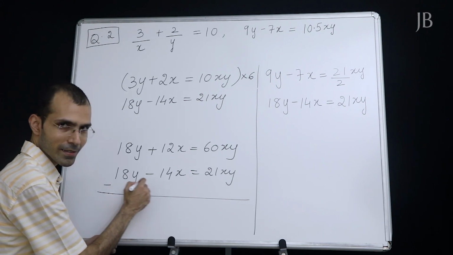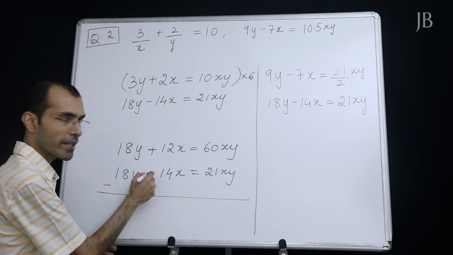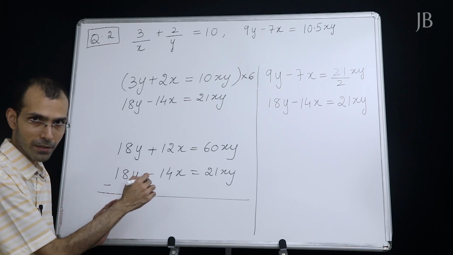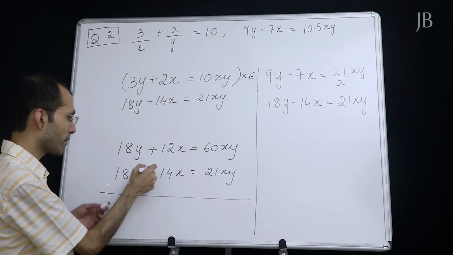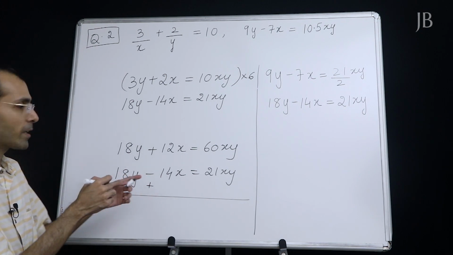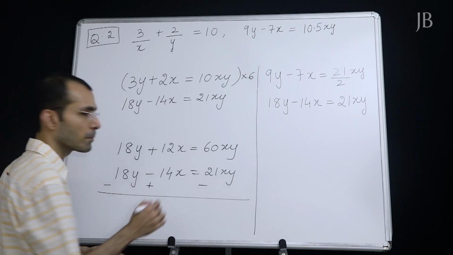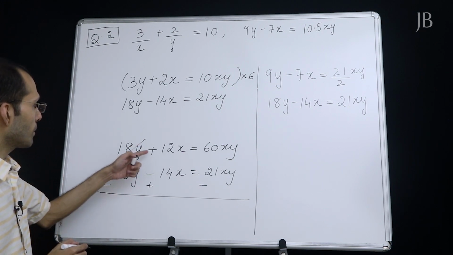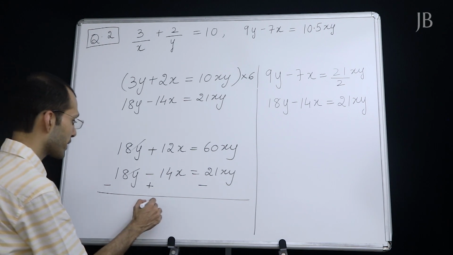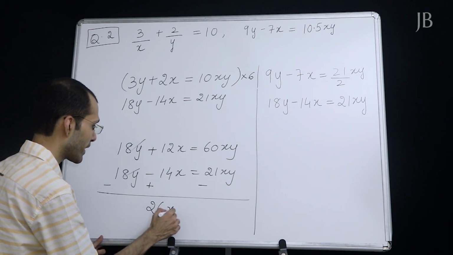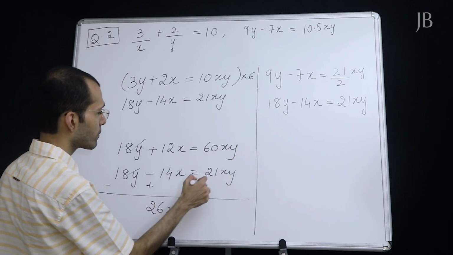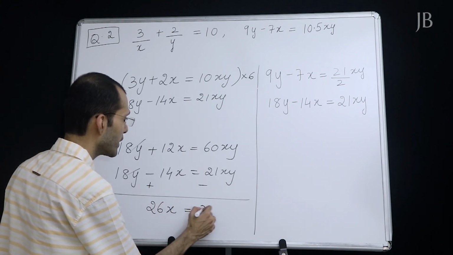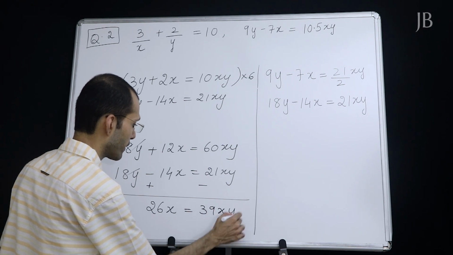Here also minus. But already there is one minus. So minus into minus is plus. Actually it is subtraction, I want to write minus here, but minus into minus is plus, so we are writing plus. And here minus. So this will go away, whole term. Plus 12x plus 14x, this will be 26x. 60xy minus 21xy will be 39xy.